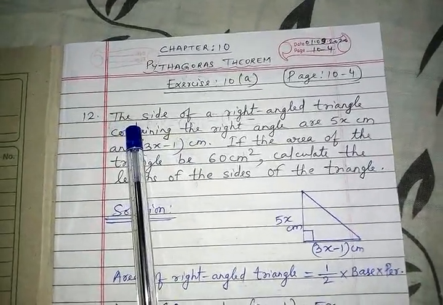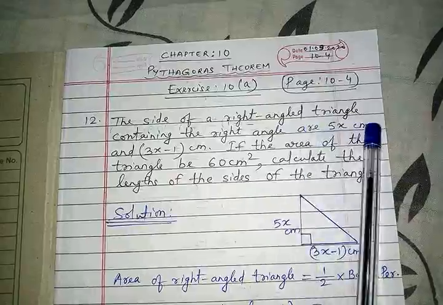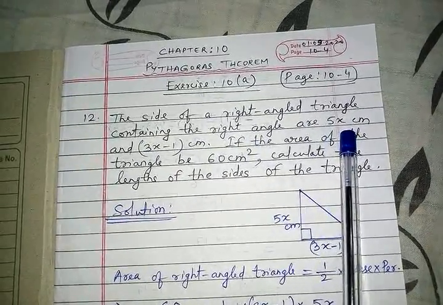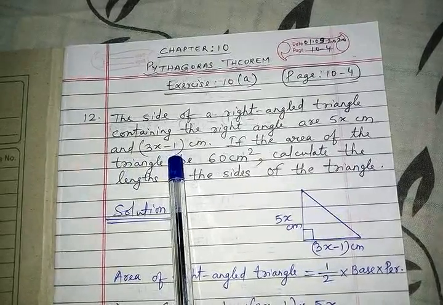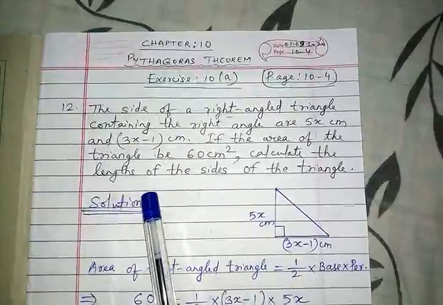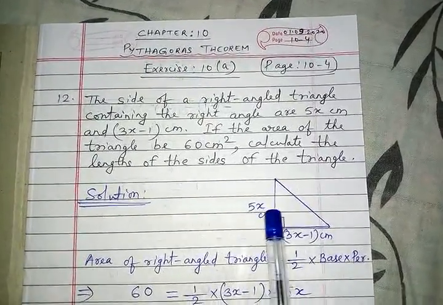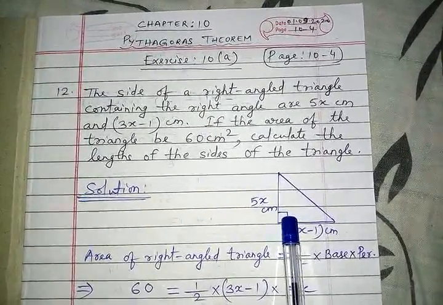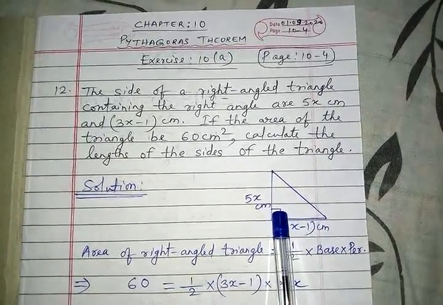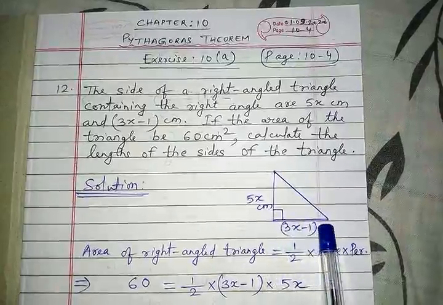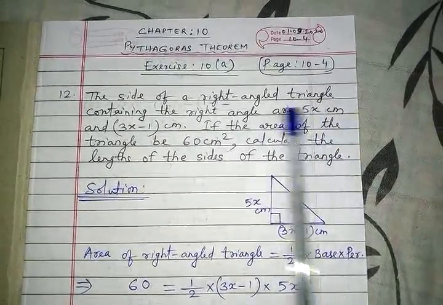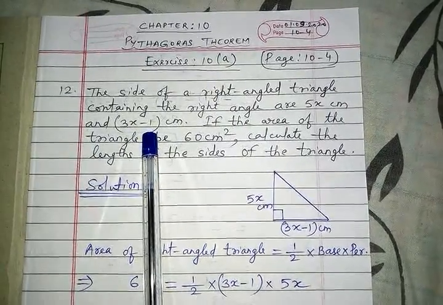So let us begin. The sides of a right angled triangle containing the right angle are 5x centimeter and 3x minus 1 centimeter. The two sides which combine together and form 90 degrees, that is the right angle, are 5x centimeter and 3x minus 1 centimeter.